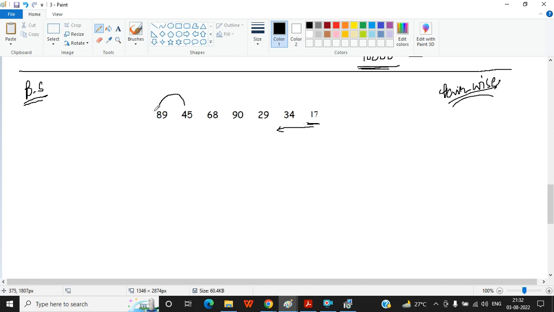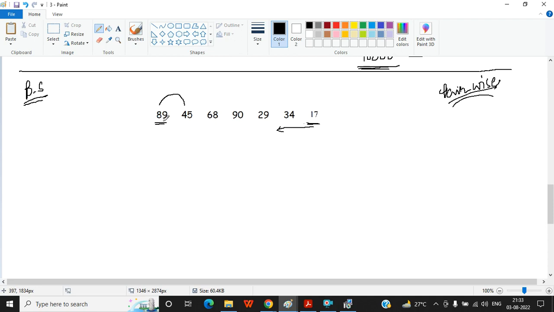Our motto is this: see, this is 89, so this is the maximum of most of the items. We will push this maximum number towards this end, until we get a larger number than this number.